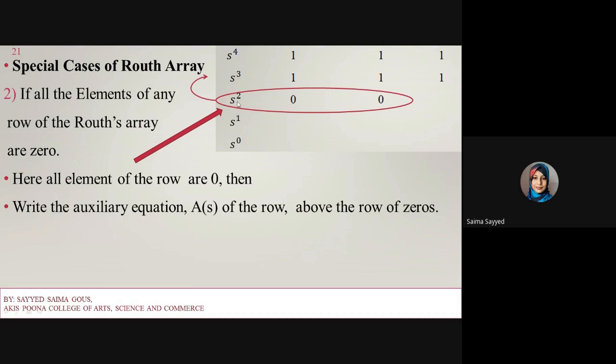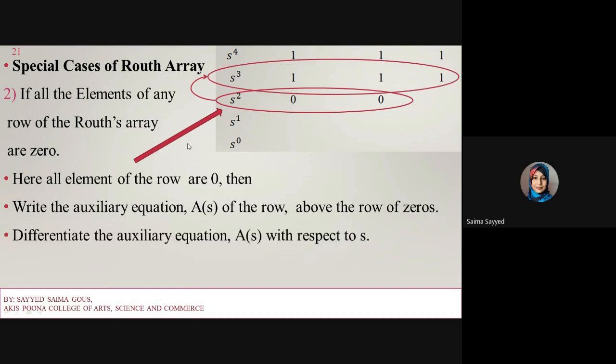Here all elements of the S2 row are 0, so take the above row, that is S3, and write the auxiliary equation for this particular row, differentiate that auxiliary equation with respect to S, and fill the row of zeros with these coefficients.